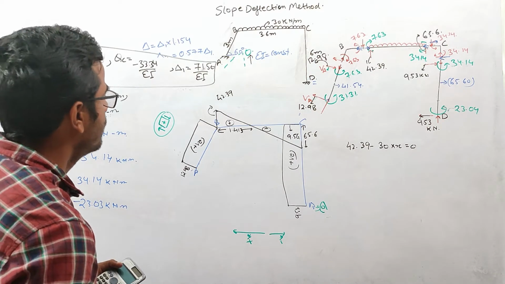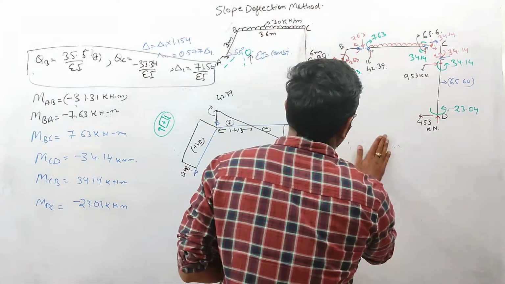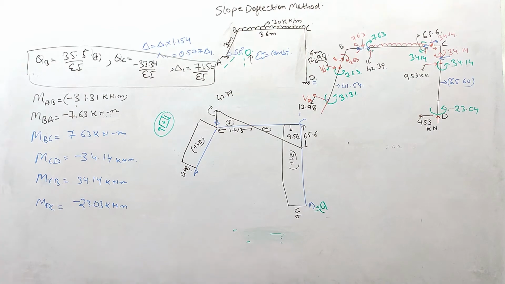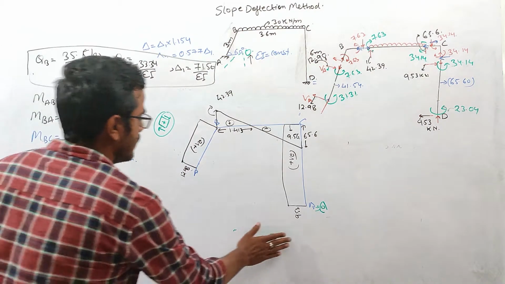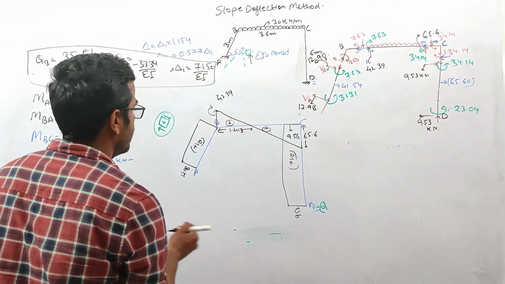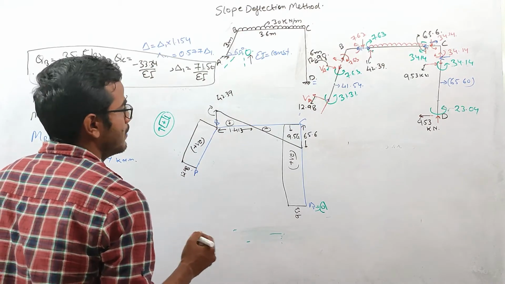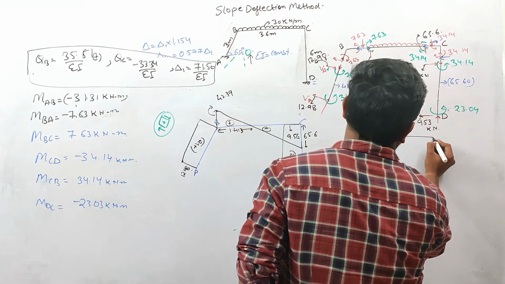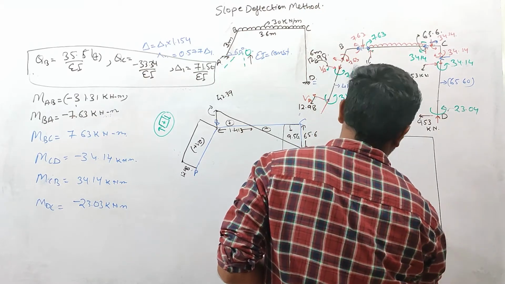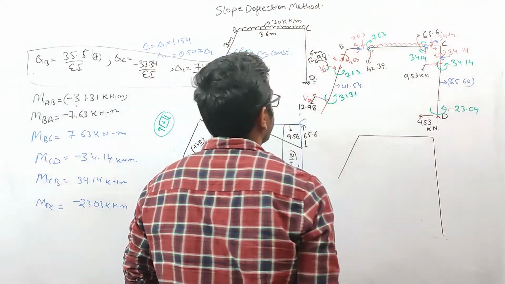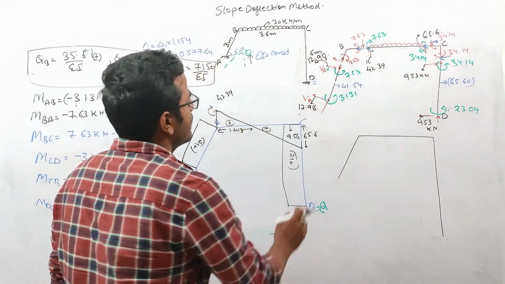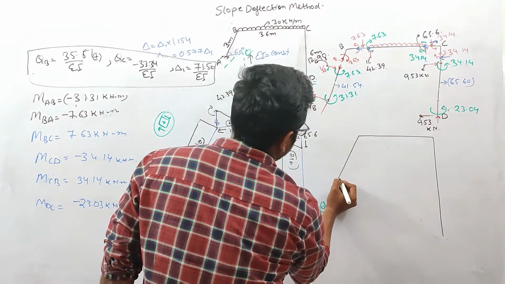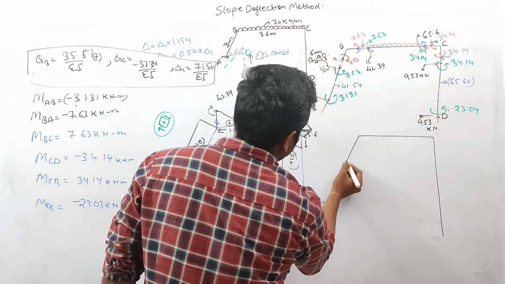Now we need to draw the bending moment diagram. We will be drawing it with the help of this shear force diagram only, right? As you can see, due to this bending moment, this side of this member will be in compression.